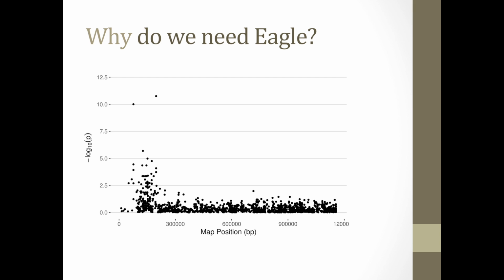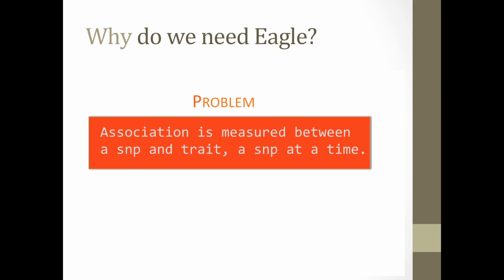Each point has come from the analysis of a linear mixed model where we're measuring the strength of association between the SNP and the trait by including the SNP as a fixed effect in the model. So the analysis itself may be quite complicated, but the underlying genetic model is quite simple because we're only looking at the degree of association between a single SNP and trait at any one time.